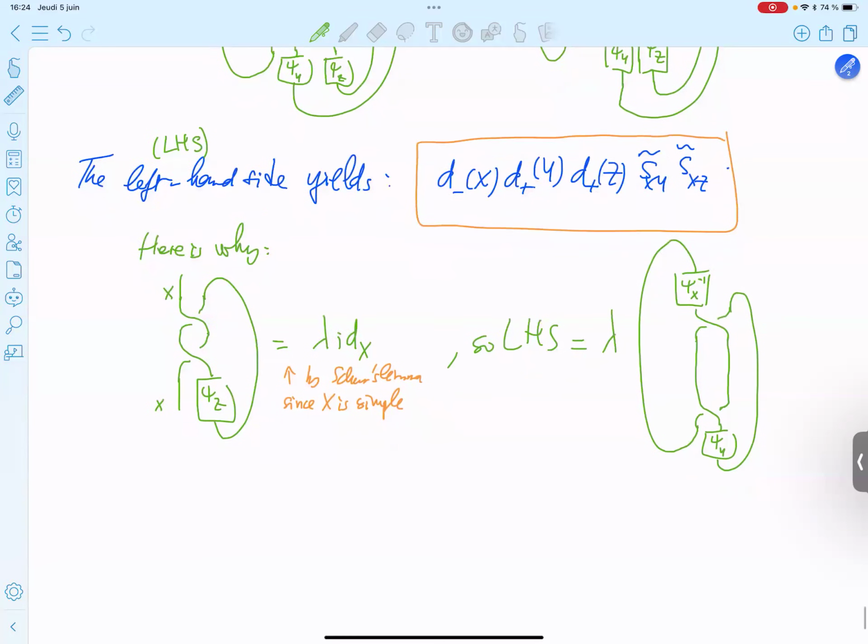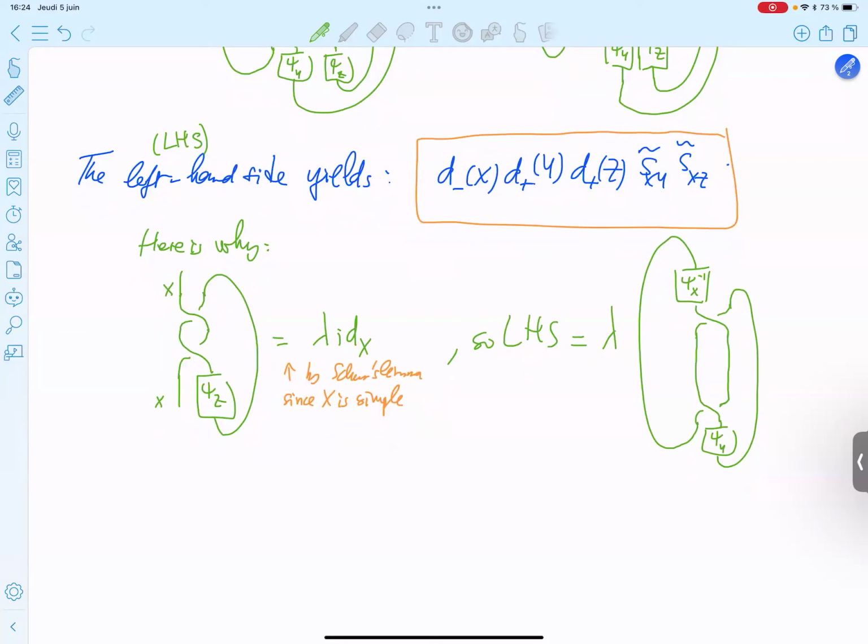Okay, but what do you see here? You recognize the definition of the S-tilde matrix entry. The S-tilde matrix entry is this divided by some dimension. So this is just the S-tilde matrix times the dimension.